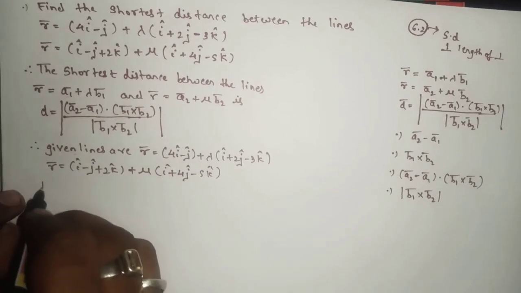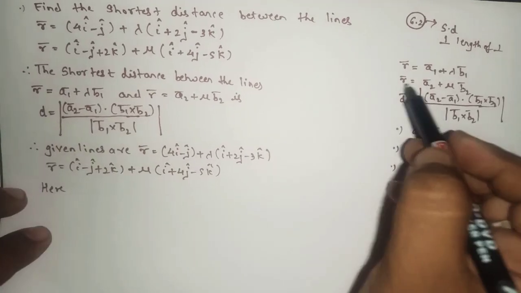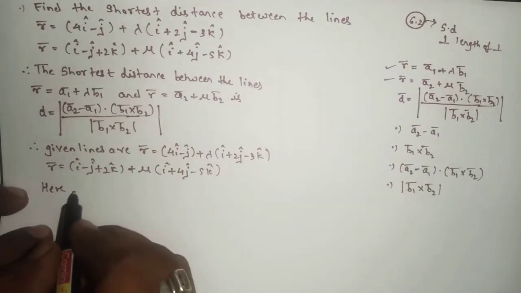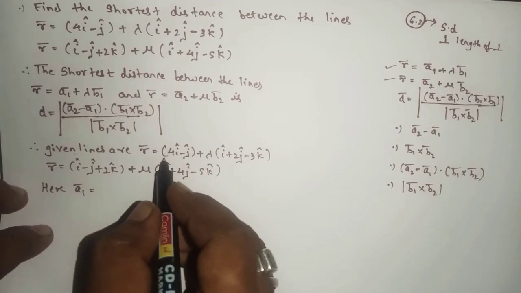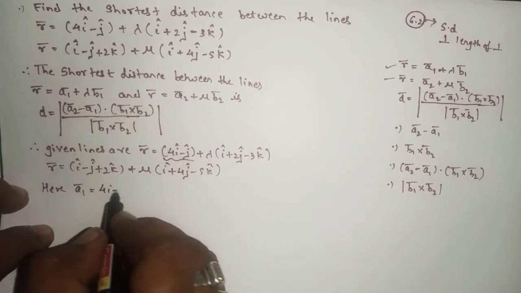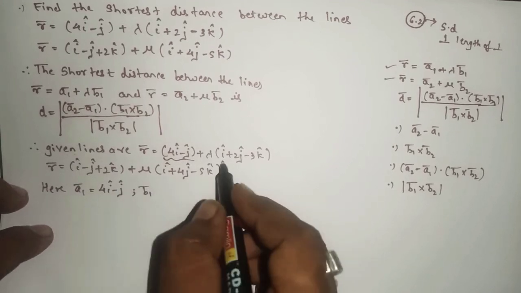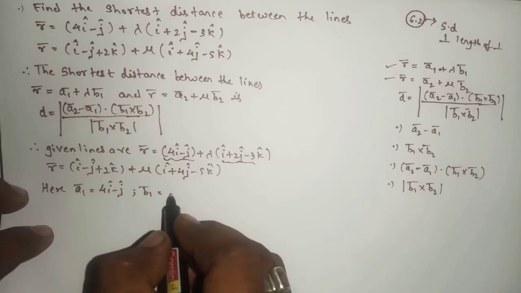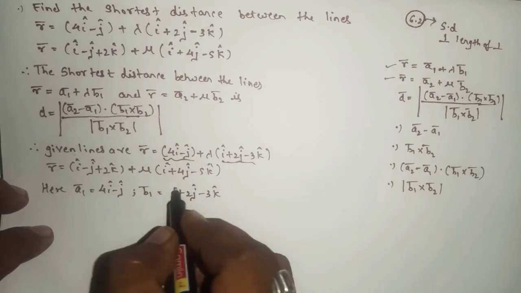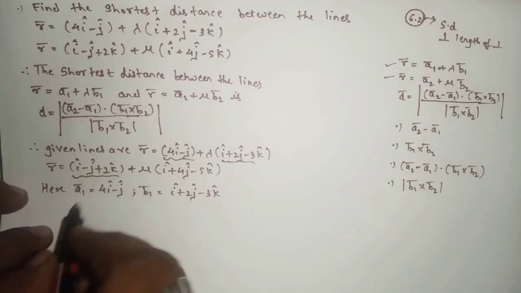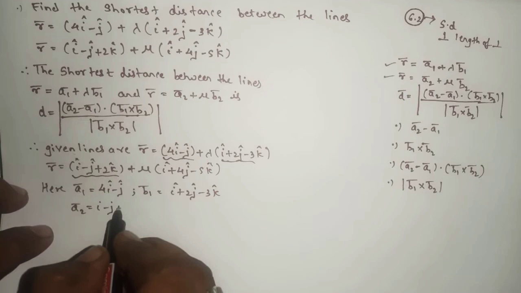So here when you compare these two equations with the first and second, you will get a1 bar, this is a1, 4i minus j. b1 will be i plus 2j minus 3k. a2 is i minus j plus 2k.